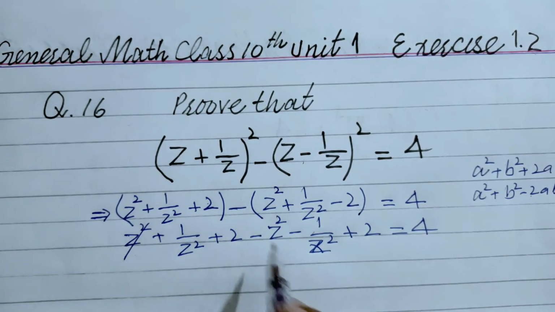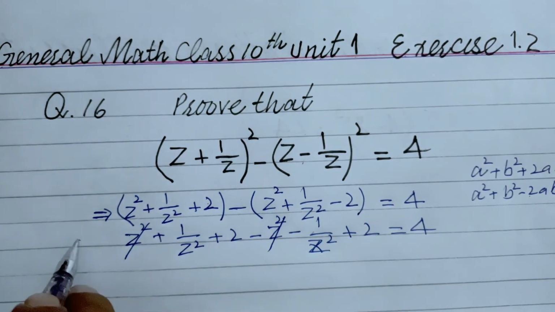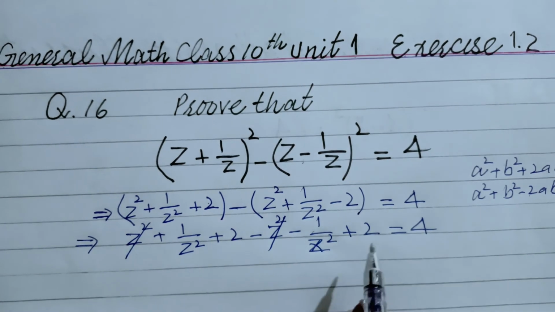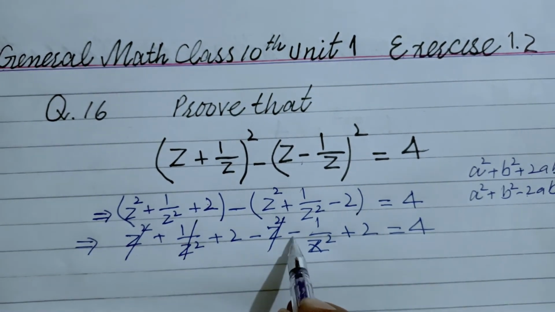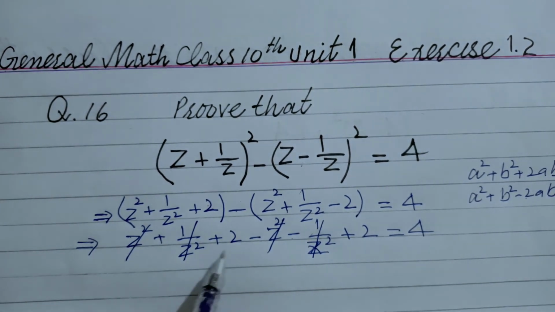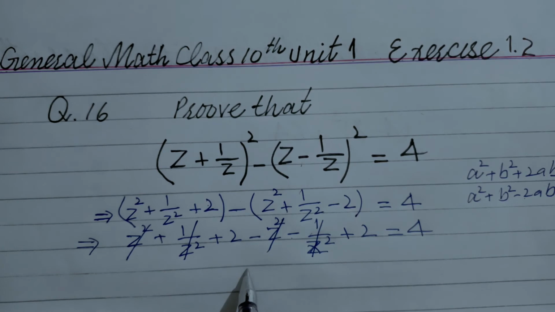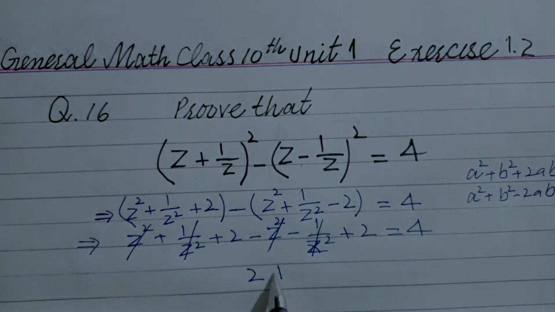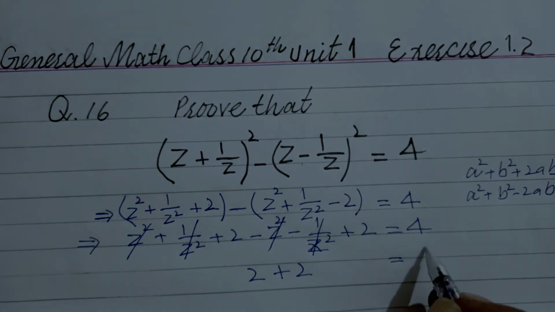Z square plus, this minus 1 over z square minus 1 over z square, these will be finished, and 2 plus 2 is equal to 4.